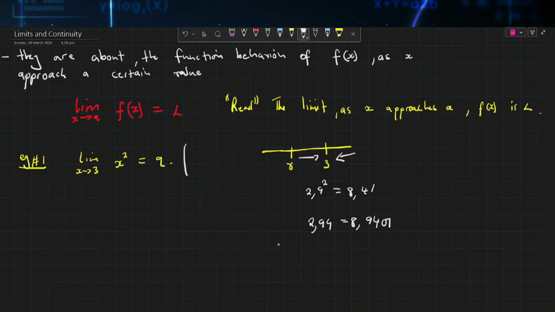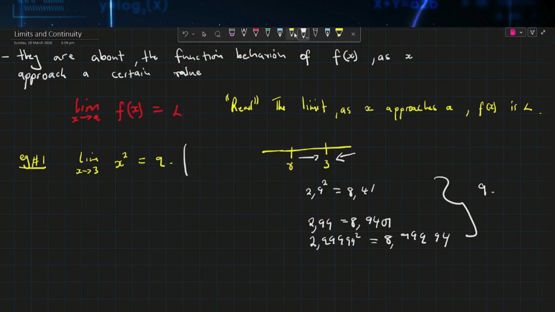If we approach closer, 2.999, and then 2.99999 squared, we get 8.99994. Which value are we getting closer to? We're getting closer to 9.